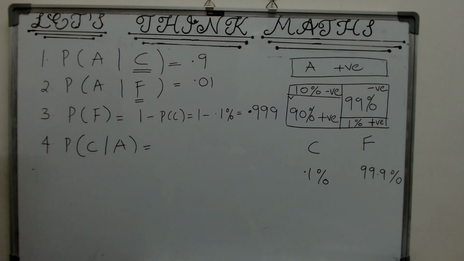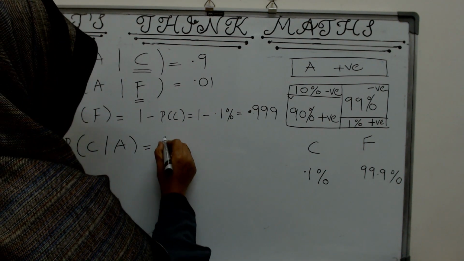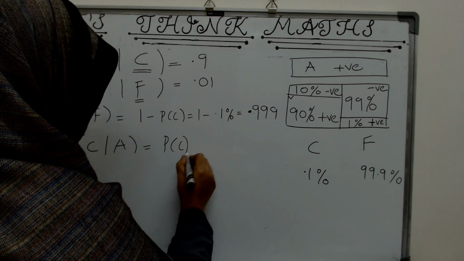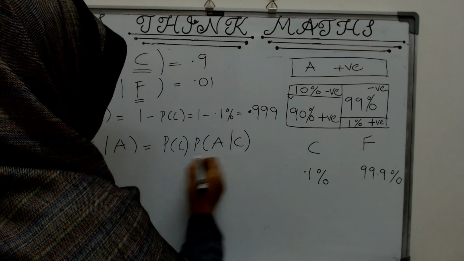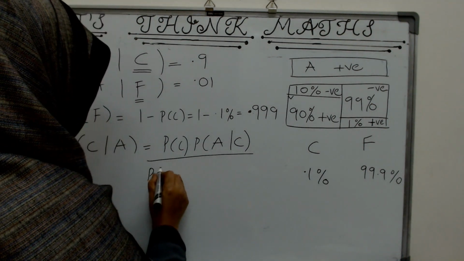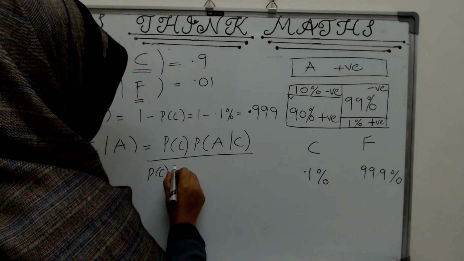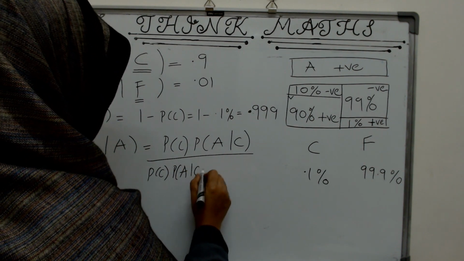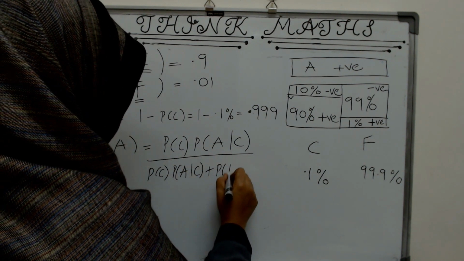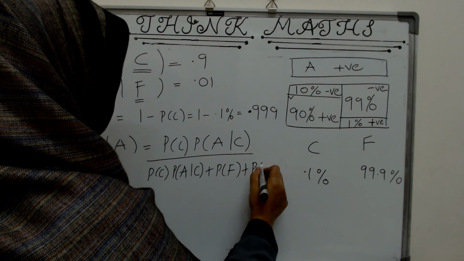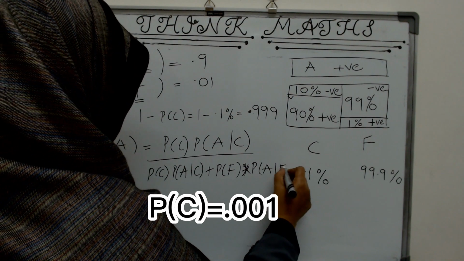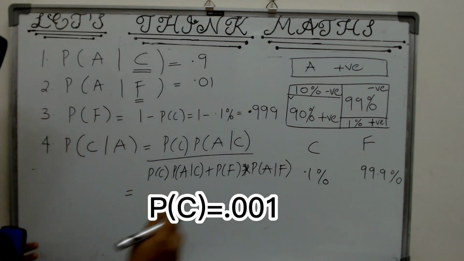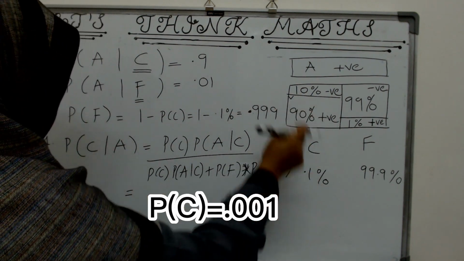This is where the Bayes theorem helps us. We have to apply the Bayes theorem. What does Bayes theorem say? The probability of C and the probability of A lying in C. The same term comes here with one additional term. Probability of C, the probability of A lying in C, plus probability of F, into probability of A lying in F. That would be here, this into this.